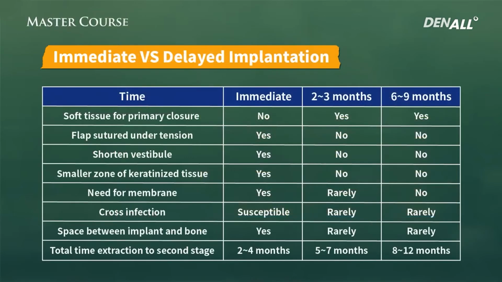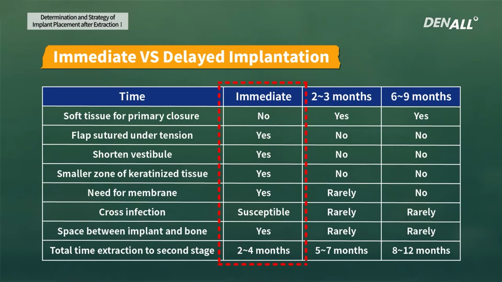I've talked about 4 different categories of implant placement period. Whether you're going to do immediate implantation or wait a little bit, if you take a look at this table, immediate implant placement has no major advantage compared to delayed placement. It's difficult for wound closure and the surgical site.